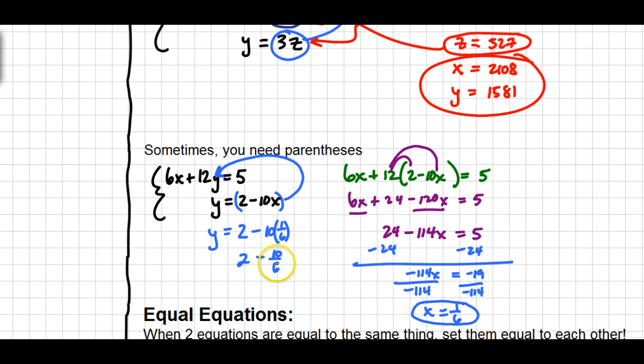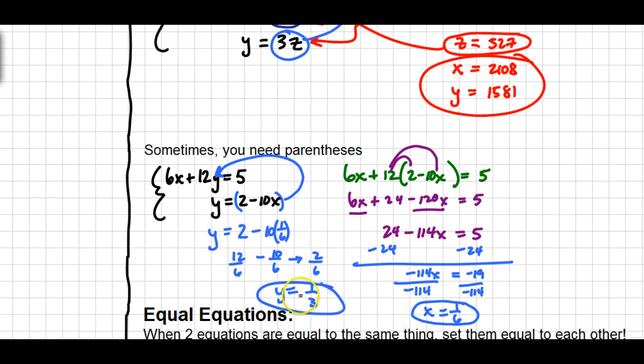Actually, I want to get a common denominator here so that I can subtract. So to get the 2 to have a 6 on the bottom, I would multiply the top and the bottom by 6 each. So I end up with a 12 over 6. 12 minus 10 on the top is 2. 6 on the bottom stays, so I end up with y is 1/3.